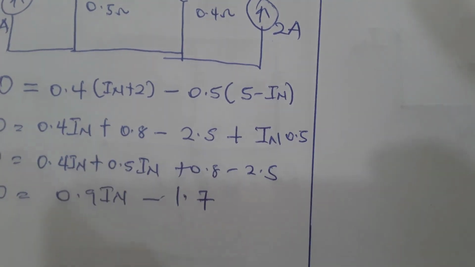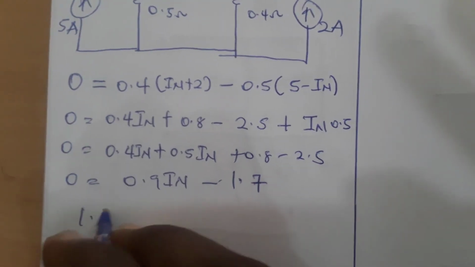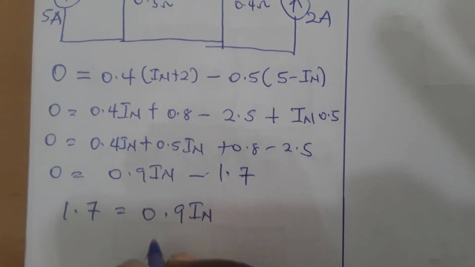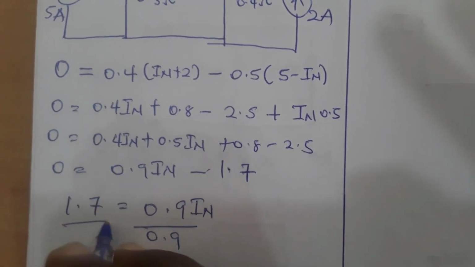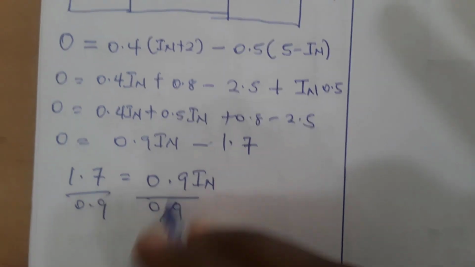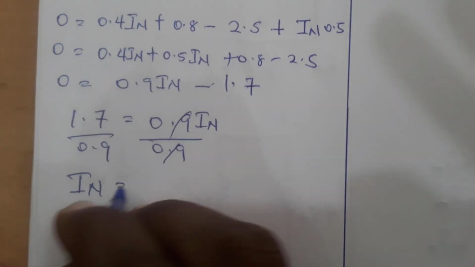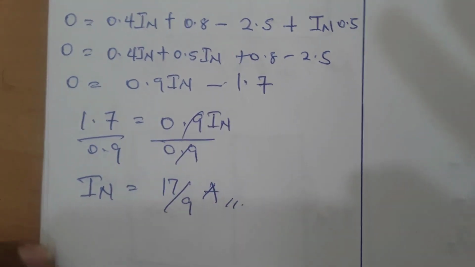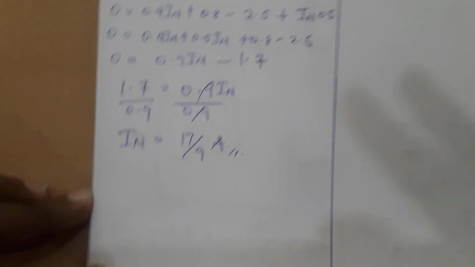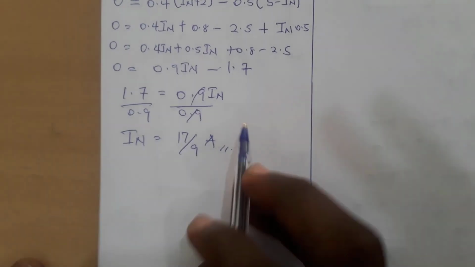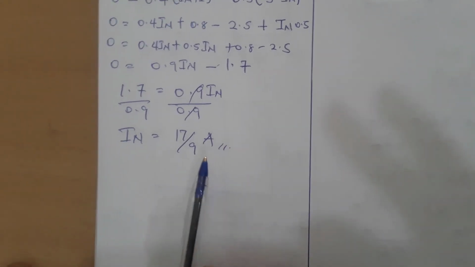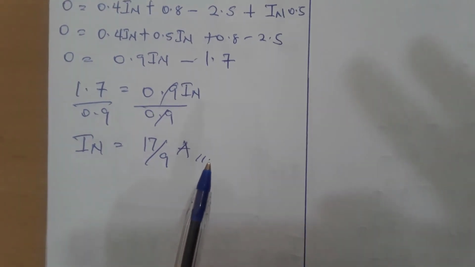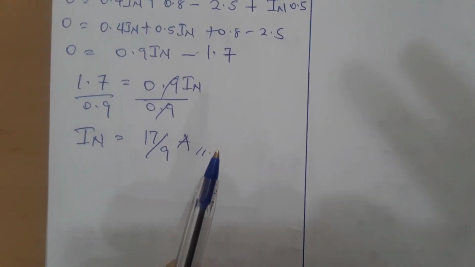So I'll bring this to this side, so it will be positive. It should be equal to 0.9 IN. Dividing both sides by 0.9, I should have the IN value, which is 17 on 9 amperes. This is very simple. And after finding your IN in Norton's theorem, the next step is to find your Rn.